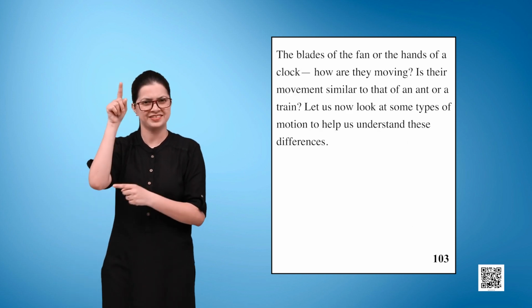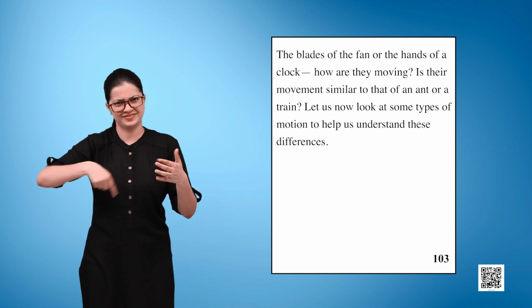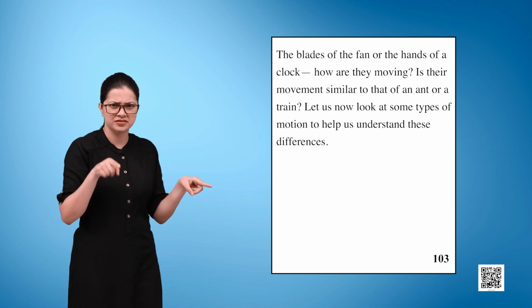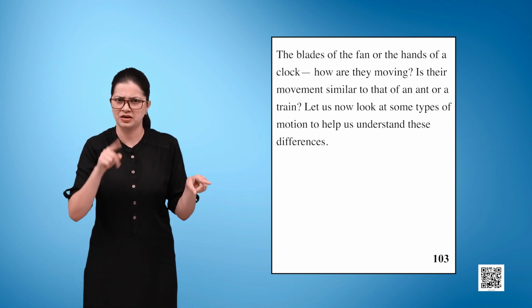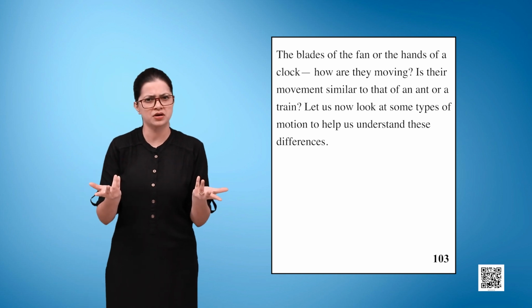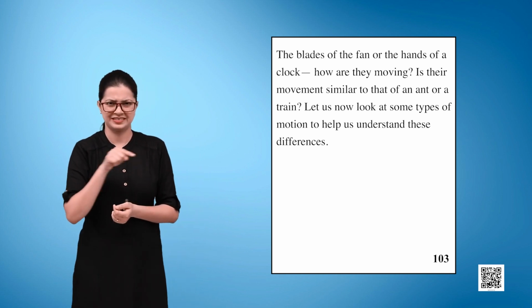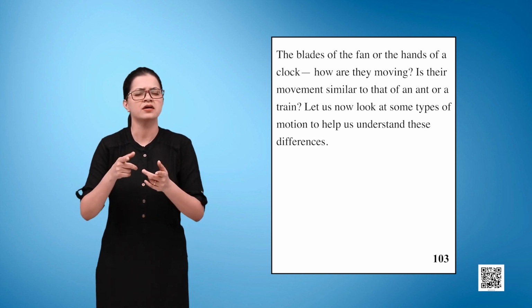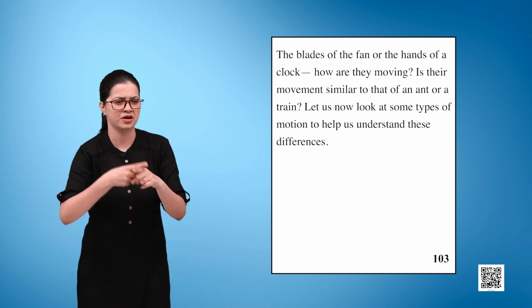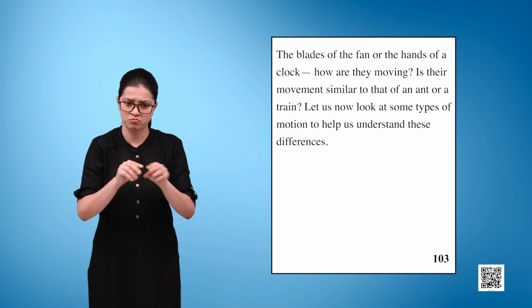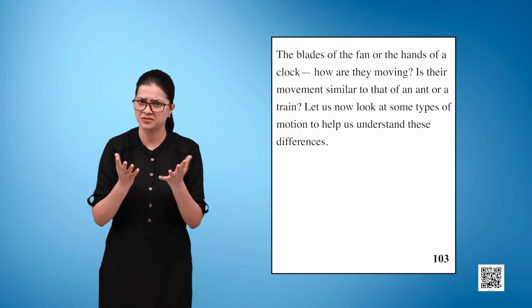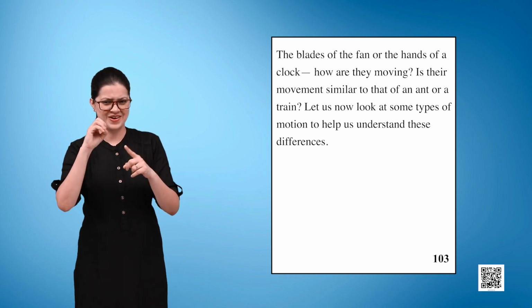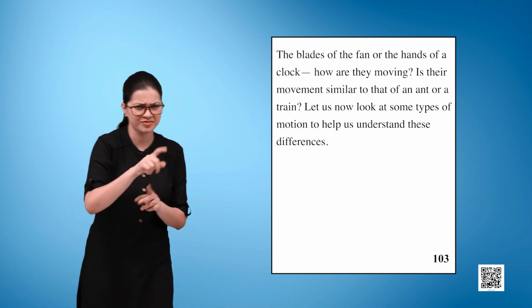The blades of the fan or the hands of a clock? How are they moving? Is their movement similar to that of an ant or a train? Let us now look at some types of motion to help us understand these differences.